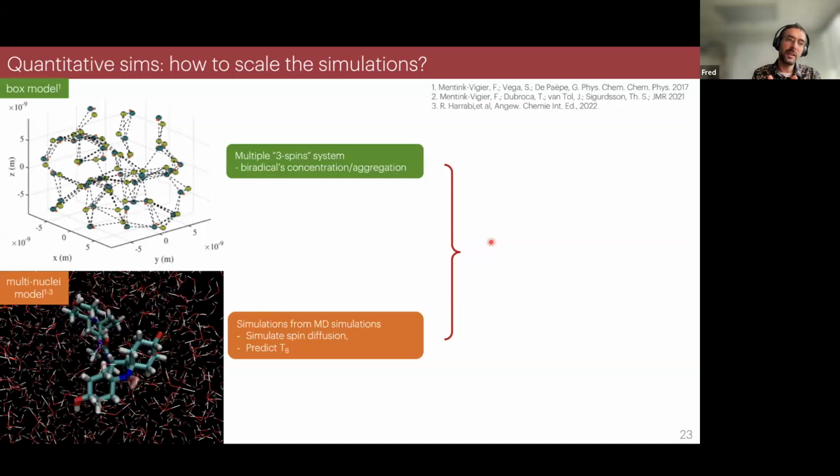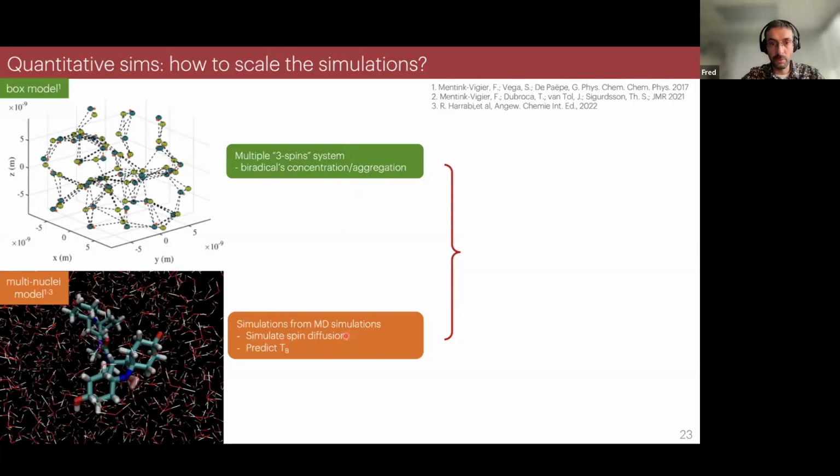And I actually chose to do two types of simulations. One where I have a free spin system in a box, and it's repeated so that it matches the concentration of the experiment, and one where I had a biradical surrounded by many solvent molecules. The first one enables us to account for the biradical concentration and the aggregation.